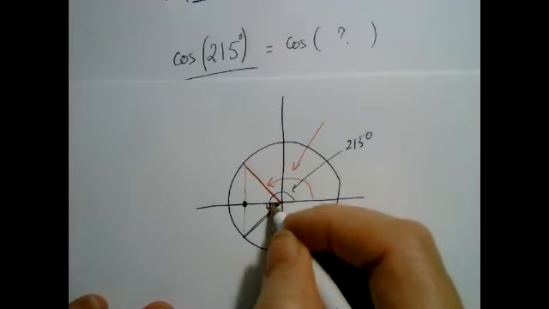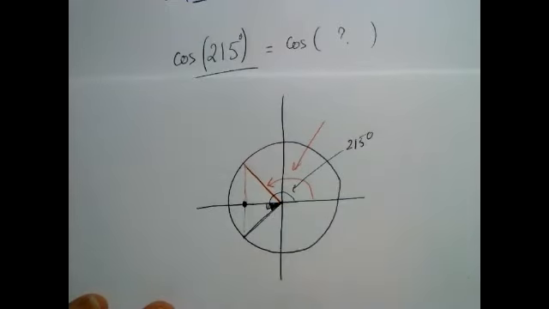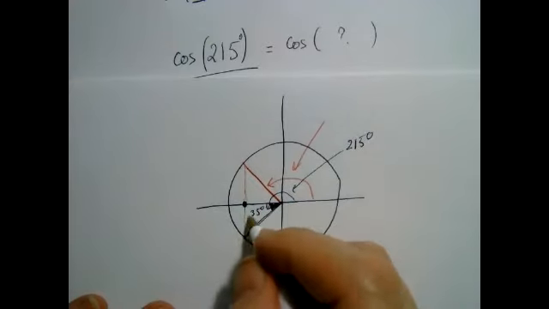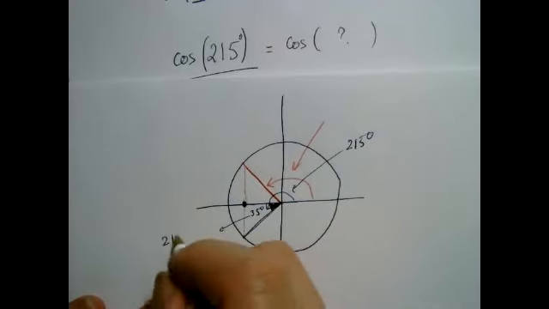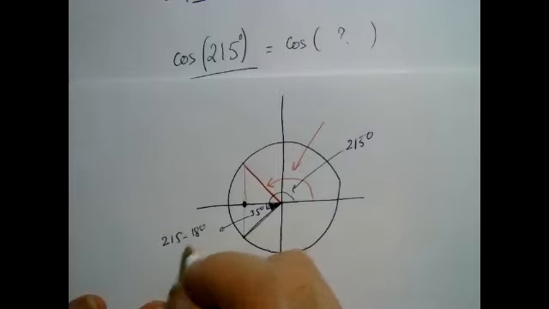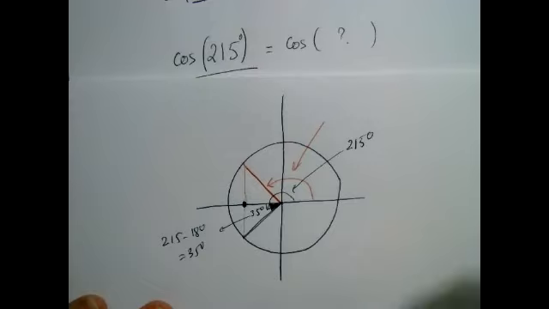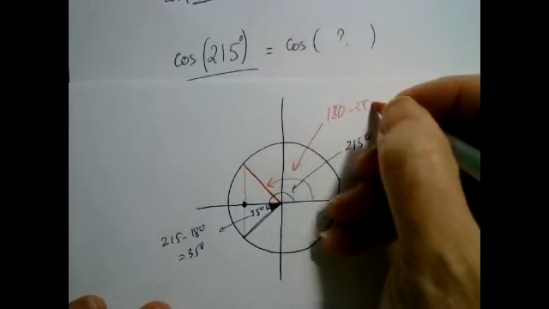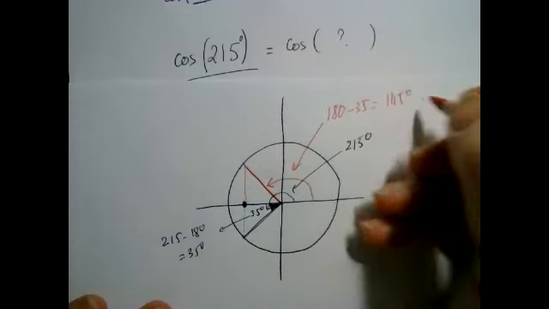Okay, so he found this angle. So there are a lot of ways of doing this. So he found 335 here. Because this one right here is the 215 minus the 180. Let's give him 35. Okay, so the red one is what? And then you do 180 minus 35, which is 145.